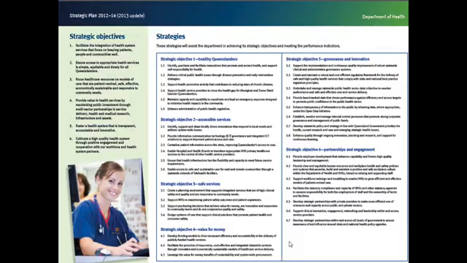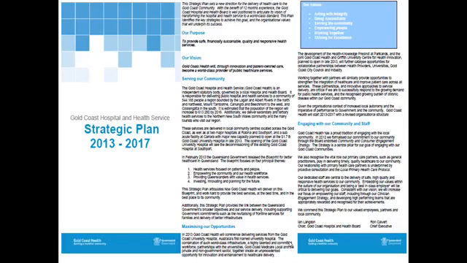So following this plan is the Gold Coast Hospital and Health Service Strategic Plan for 2013 to 2017. Now keep in mind that we're not talking about an ICT strategic plan. We're just talking about a strategic plan at the organizational level, of which the ICT plan is just part of it. As you can see on this page, it talks again about the vision at the Gold Coast.